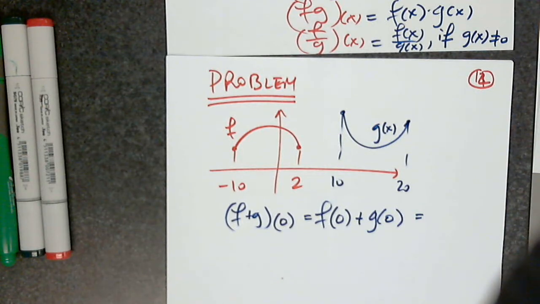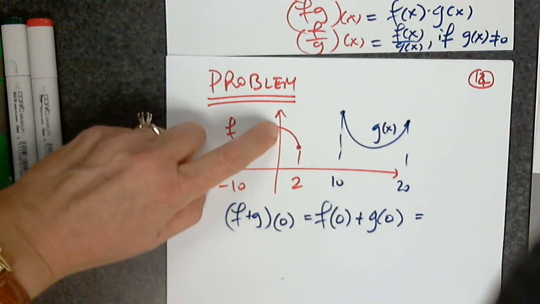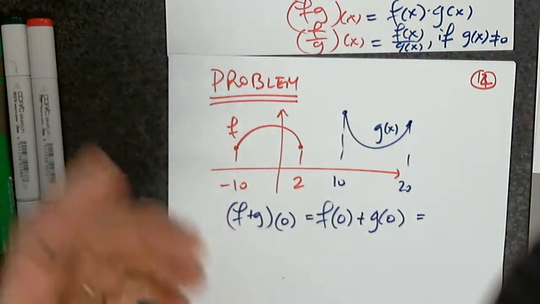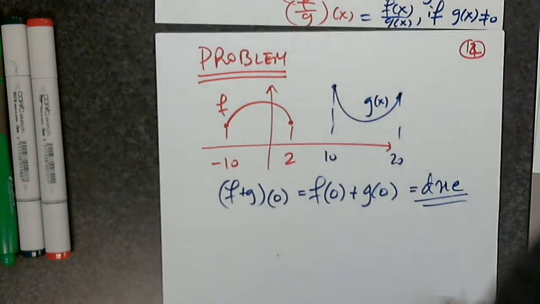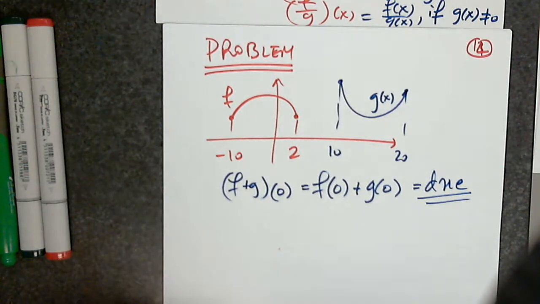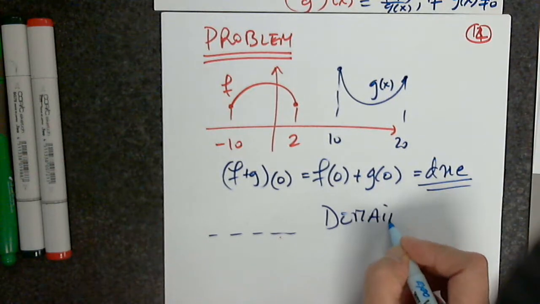Okay, so then how much will this be? It does not exist. Why? f of 0 exists, right? It's right here. But what about g of 0? So, it does not exist. Why? Because these two functions do not have what? What do you think? I'm missing a word here.